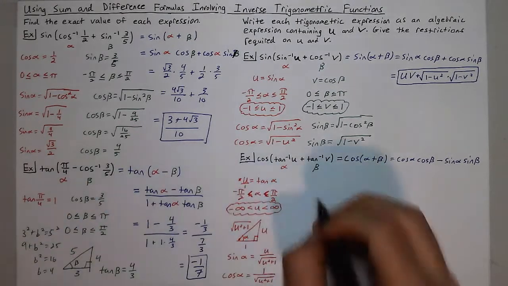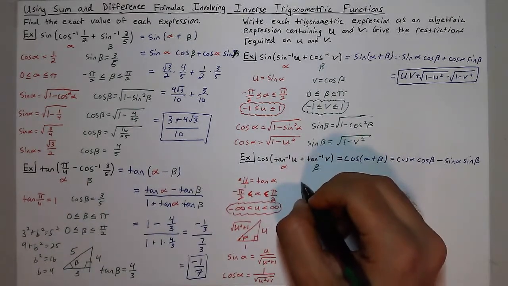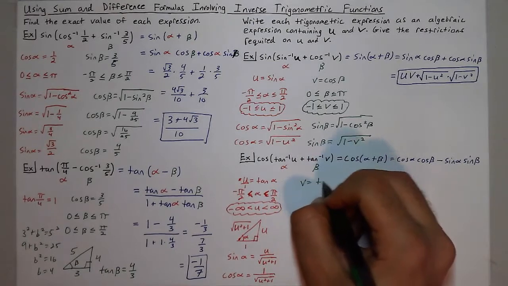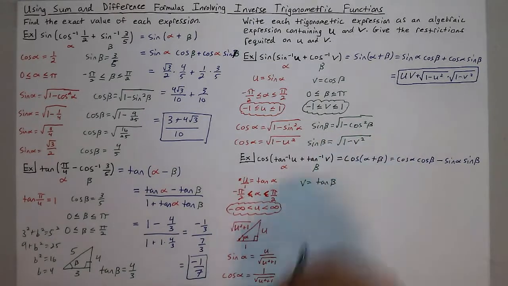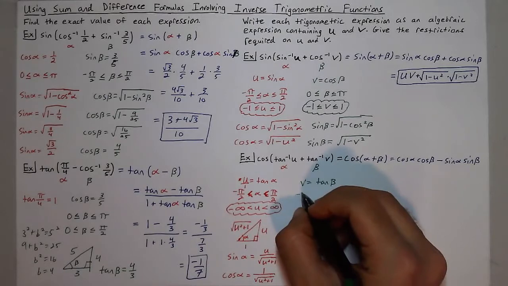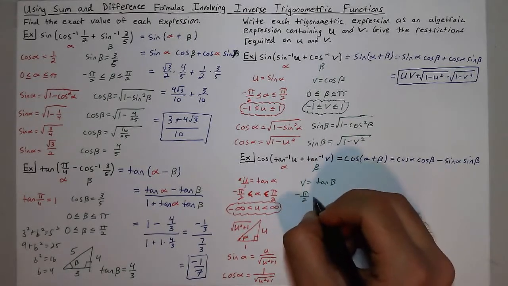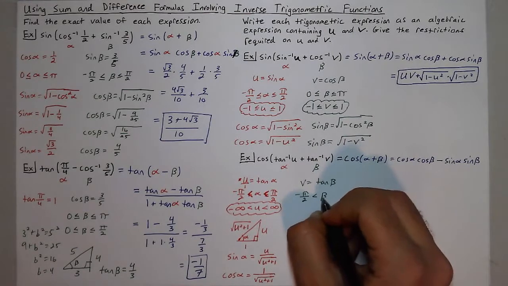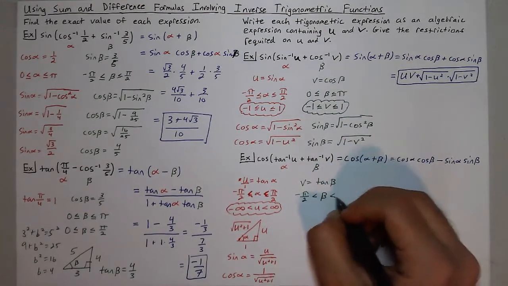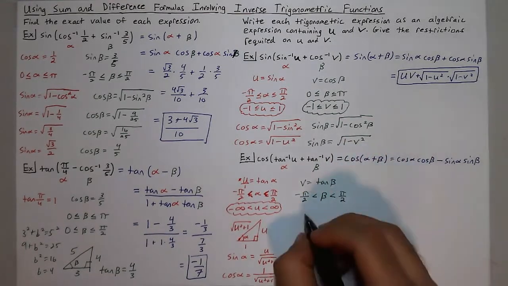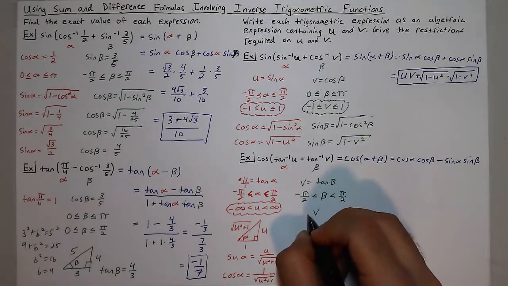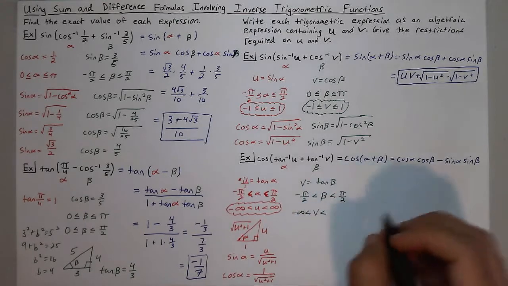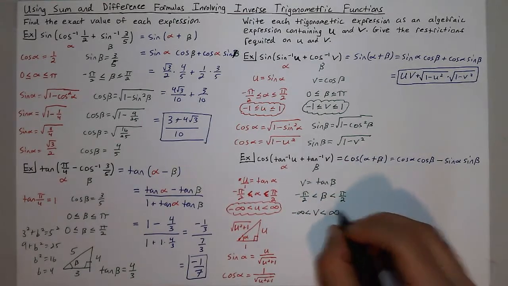And again, I know that v should be equal to tangent of beta. And that beta is between -pi/2 and pi/2, which means that cosine of beta should always be positive. And there are no restrictions on v. It could be any value I want it to be, since tangent can achieve any value in its range.